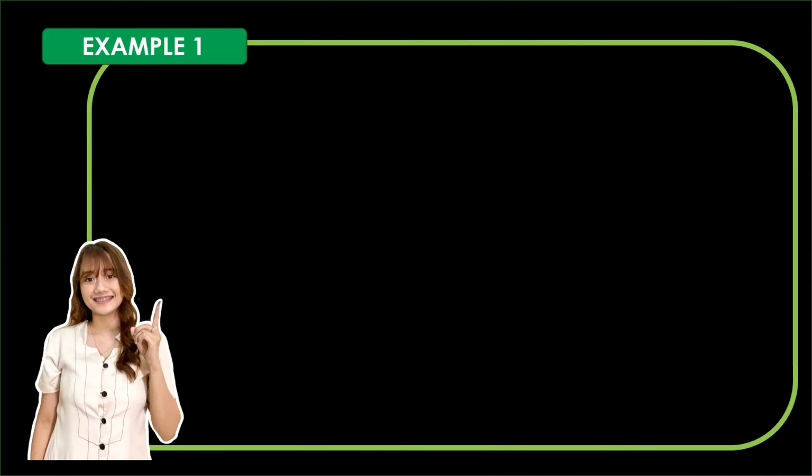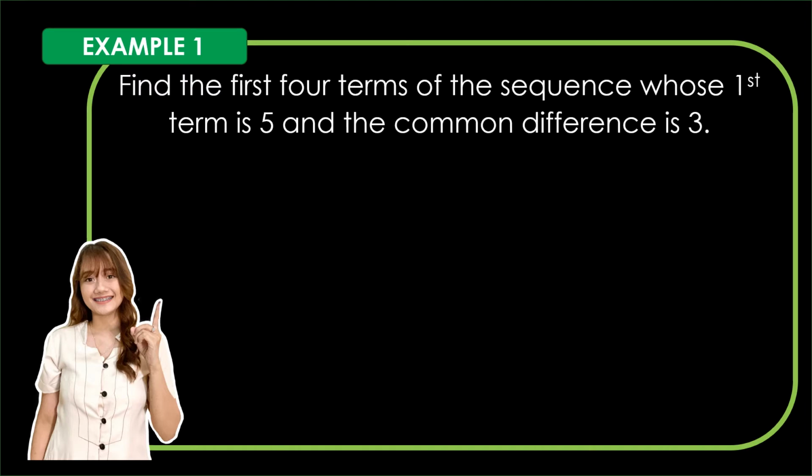Let us apply the arithmetic sequence formula to our examples. We have example 1. Find the first 4 terms of the sequence whose first term is 5 and the common difference is 3. To solve this problem, we need to understand the problem first. Let us illustrate the problem.